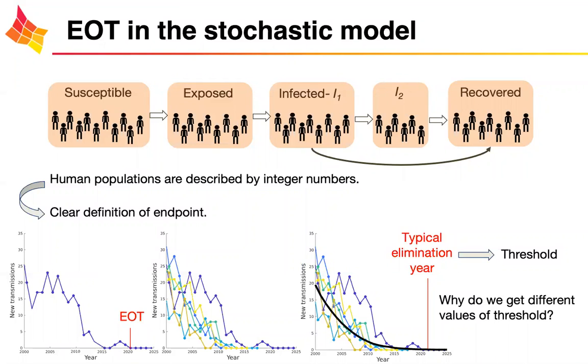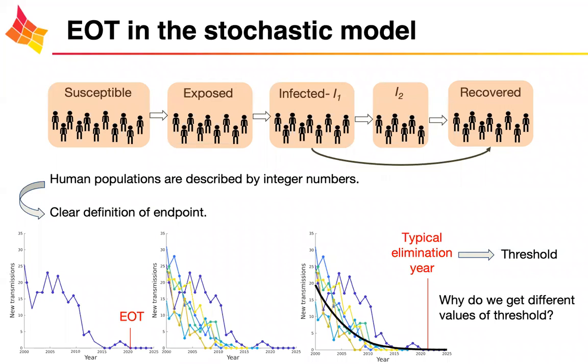And we can also calculate the mean elimination year by just analyzing elimination for individual curves. And then we can estimate the threshold as the number of new transmissions in the mean elimination year.